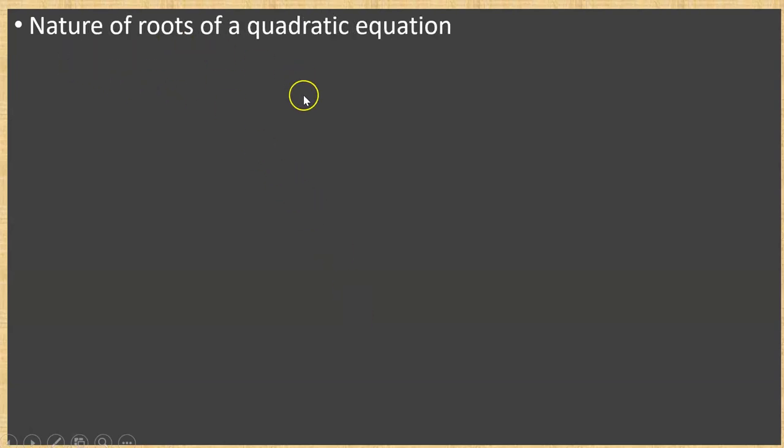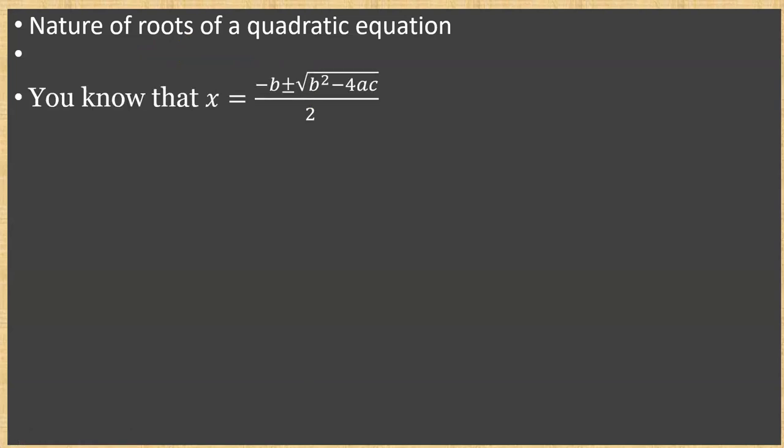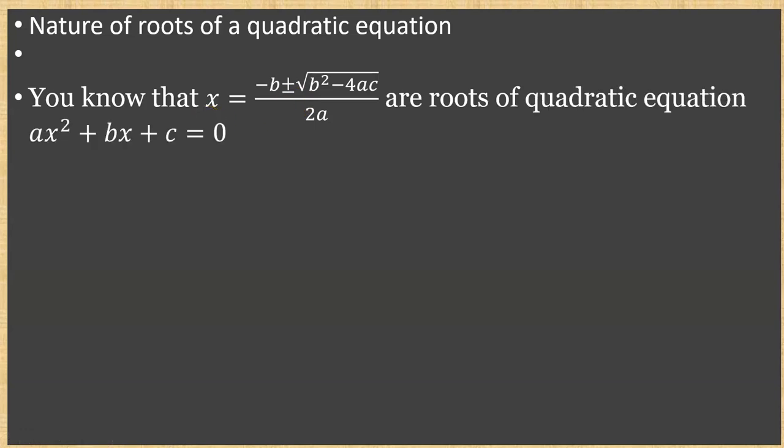Nature of roots of quadratic equation. You know that x is equals to minus b plus or minus root of b square minus 4ac upon 2a are roots of quadratic equation ax square plus bx plus c is equals to 0.